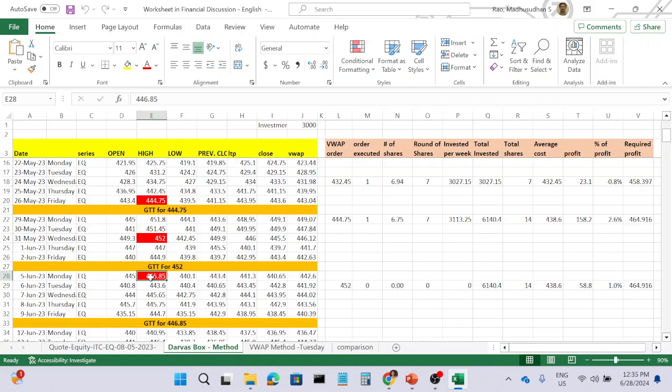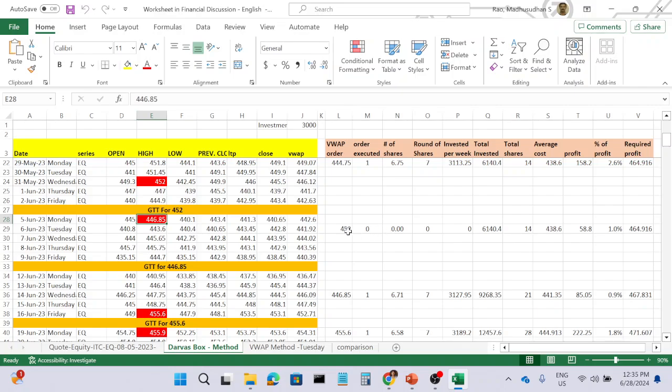Next week again, 452 was the high. We ordered for 452, but during that week there was no trade that happened, so nothing was there in our basket. Next week again, we identified 446 as the GTT order price.